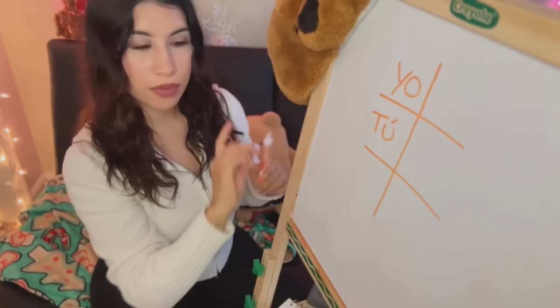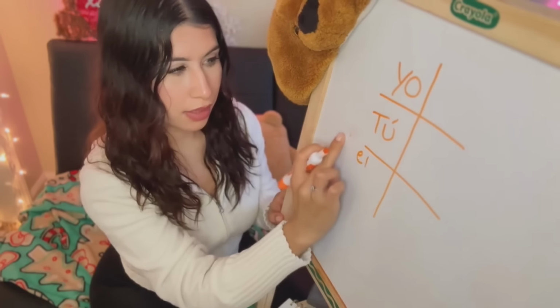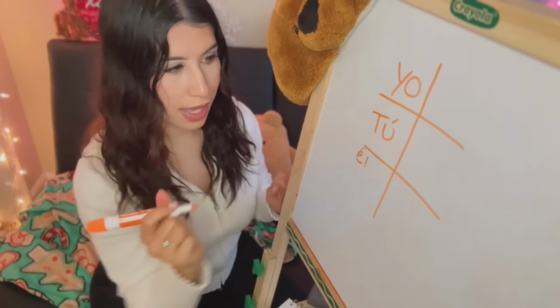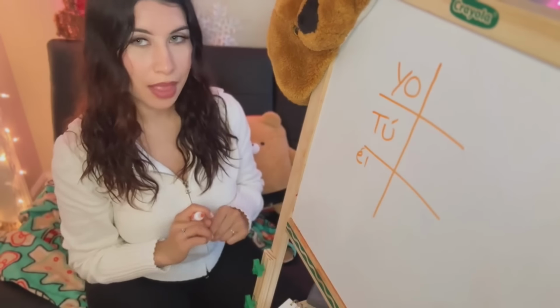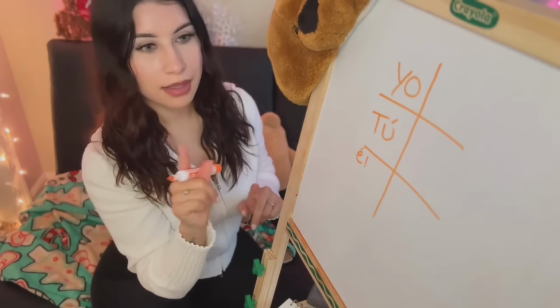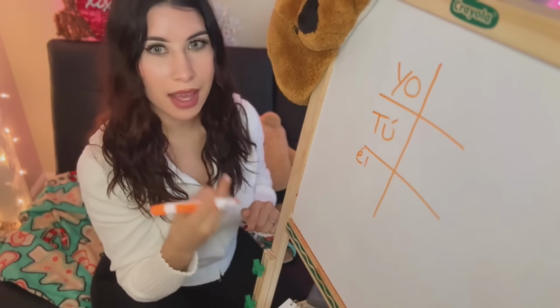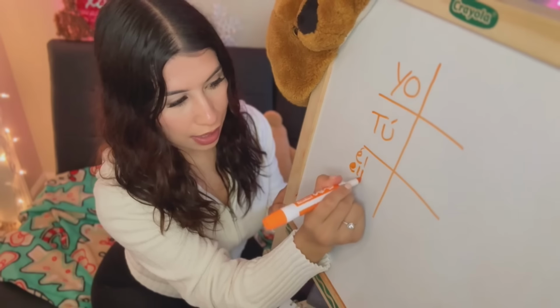My little teddy bear is falling. Él. Oh, the accent does not go there. Sorry about that. Él. What do you think él means? He. So, he didn't go to class. Él. Say that, él. Okay. And then we have ella.